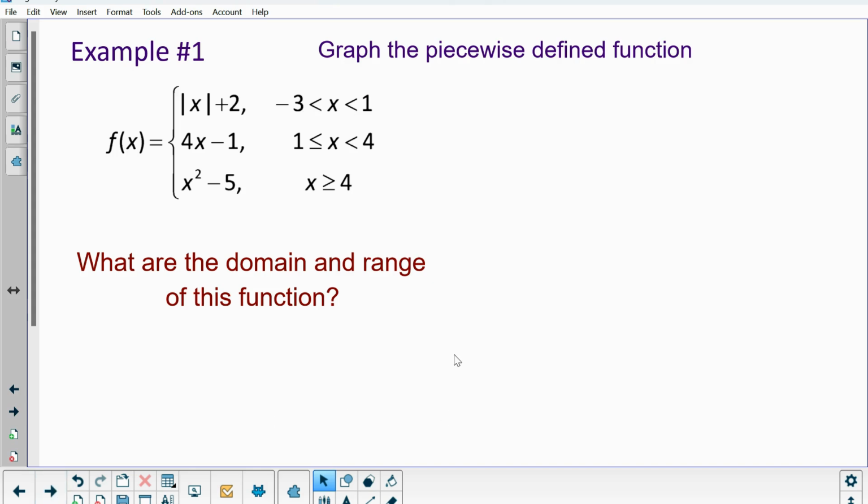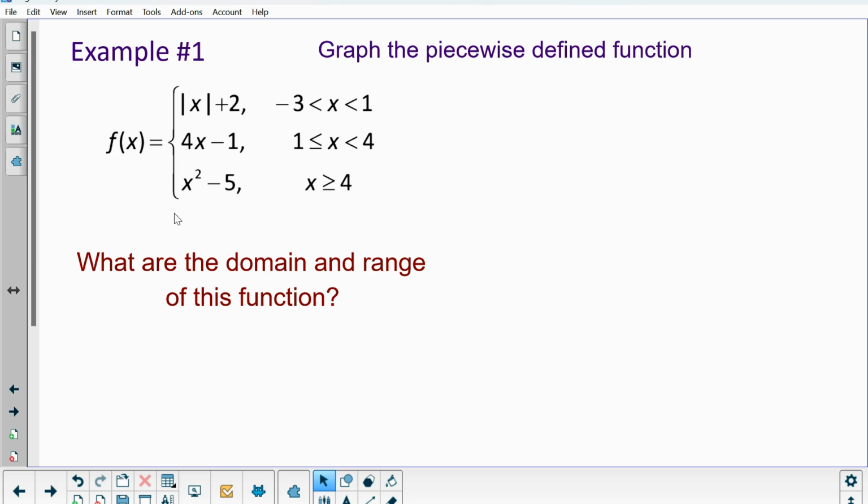Okay, so the first example here is you're going to graph this piecewise function and also figure out the domain and the range. Okay, so the graph is in 3 parts. You've got an absolute value of x plus 2, so an absolute value shifted up 2. You have a line in the middle with a slope of 4, and then you have a parabola.